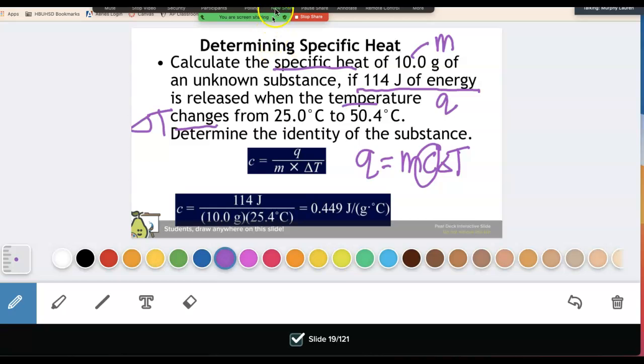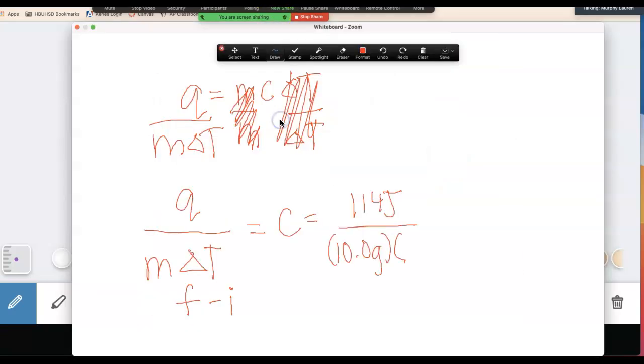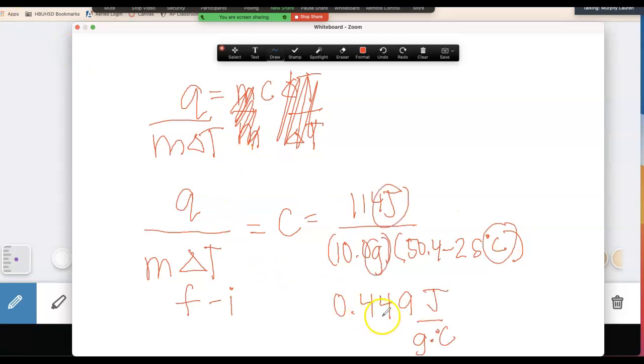So you're going to take 50.4 and subtract 25 degrees Celsius. I would do the subtraction first, but I'll give you a second to calculate it out. This is what I got, 0.449 joules per gram degree Celsius. That is C, the specific heat of whoever this substance is.